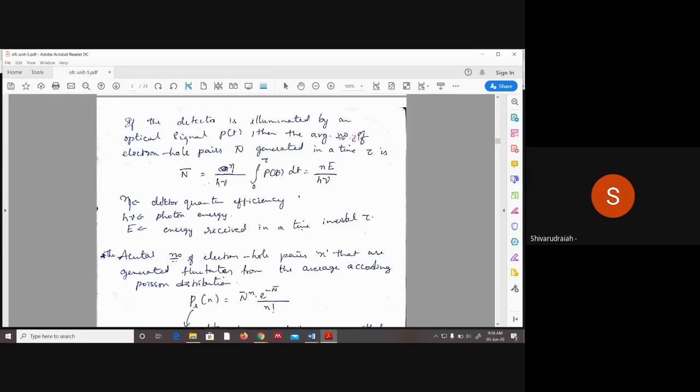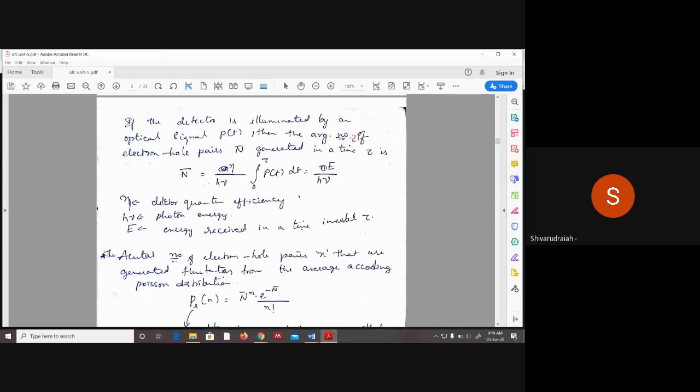If you apply the integration for this P of t dt, we come up with the term E. E is nothing but the energy received at time interval tau. So integral of power is nothing but energy, represented here as capital E. So we end up with the equation eta into capital E divided by h nu.